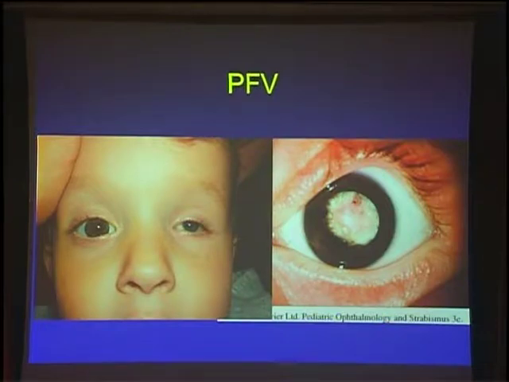And anterior PFV is usually associated with better visual prognosis. Posterior PFV has much worse visual prognosis because the most common finding is a tractional detachment of the macula. You see this hyaloid vessel coming out of the papilla that is pulling the retina forward and can cause a retinal detachment. So when we have a patient like that, we usually abort the surgery.